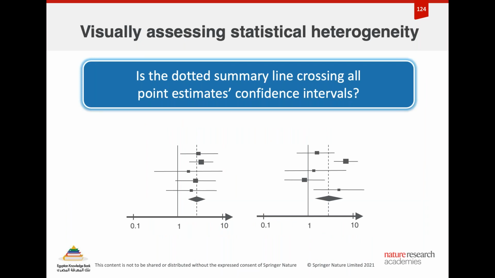You can look and see whether the dotted line with your true effect crosses the line of all of the different confidence intervals. If yes, that probably suggests a low degree of heterogeneity. If the answer is no, and you can see this one does not cross the dotted line, that usually suggests that you probably do have heterogeneity.